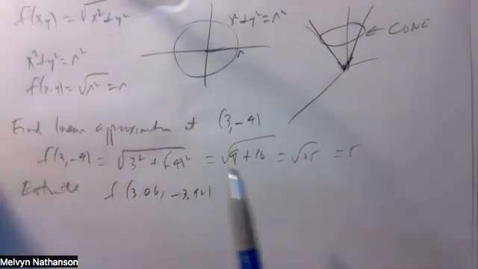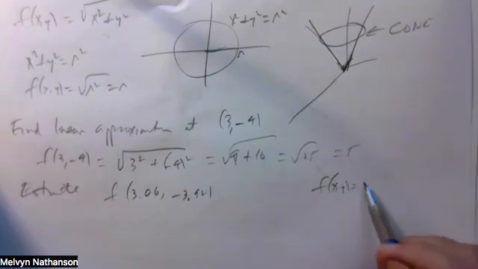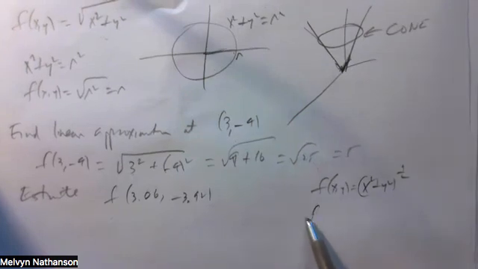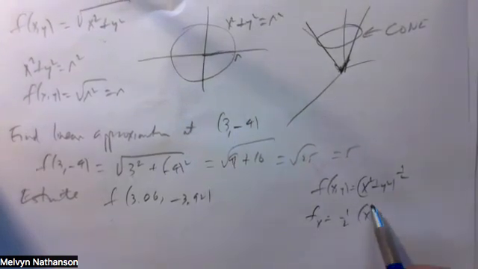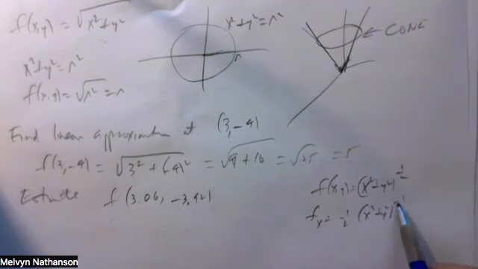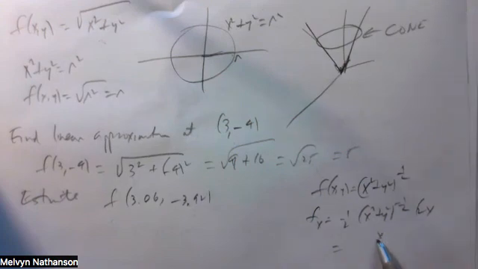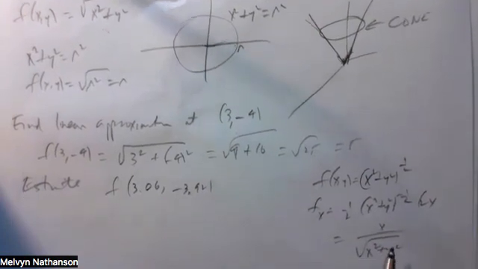So if that's my function f of xy is x squared plus y squared to the 1/2, the partial of f with respect to x is 1/2 x squared plus y squared to the minus a half times 2x. That's x over the square root of x squared plus y squared.